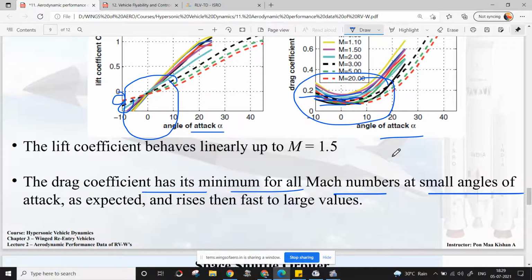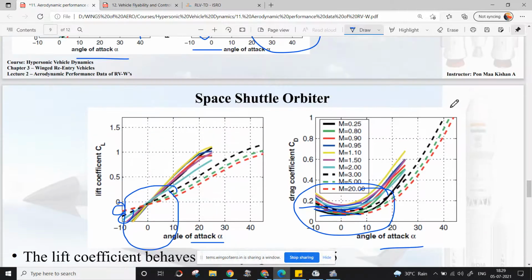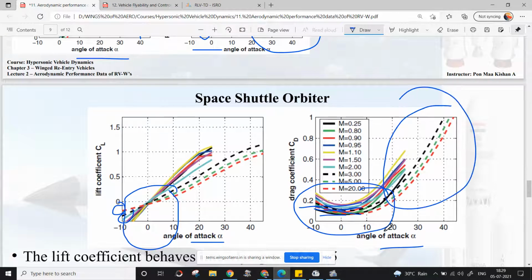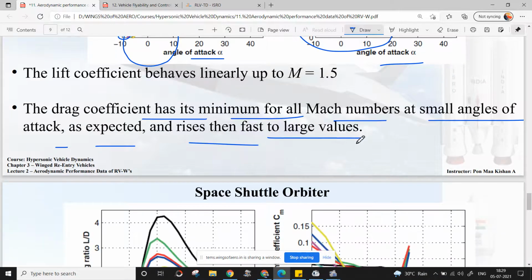The same is applicable. The drag coefficient has its minimum value for all Mach numbers at small angle of attack, as expected, and then rises fast to large values. But when angle of attack is increasing for higher Mach number, the rise in drag coefficient is larger. So that's what this line indicates.